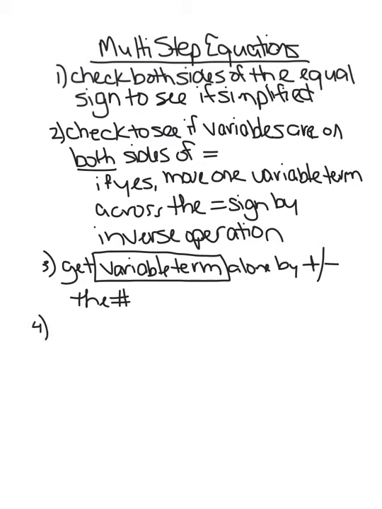And then number four is to get the variable alone. So once we get the variable term alone, then we're going to get the variable alone. All right, so we're going to get the variable by itself.